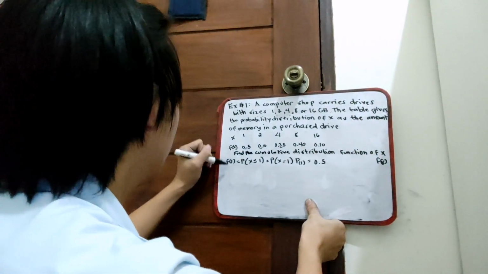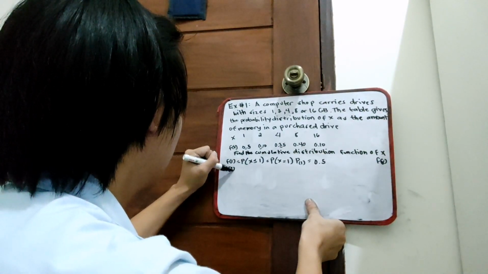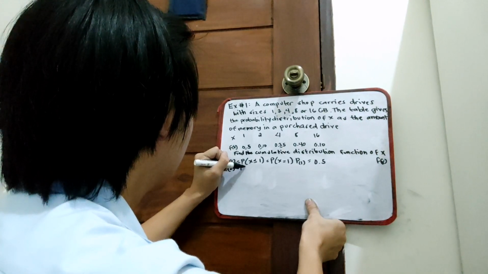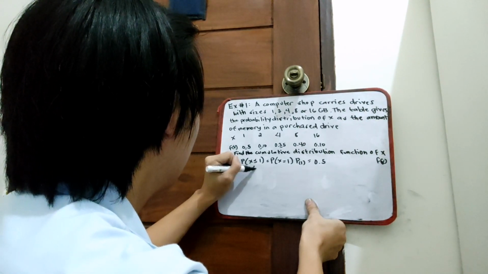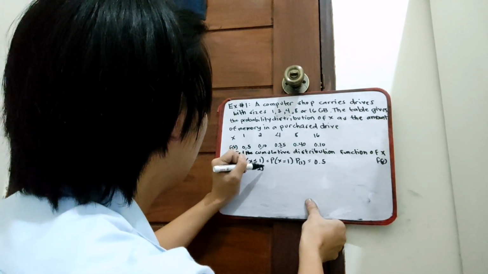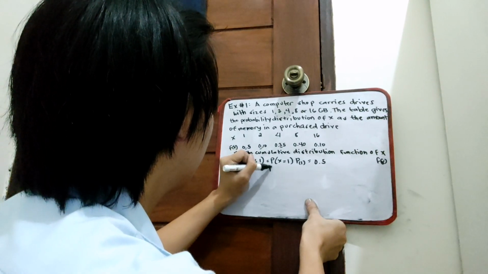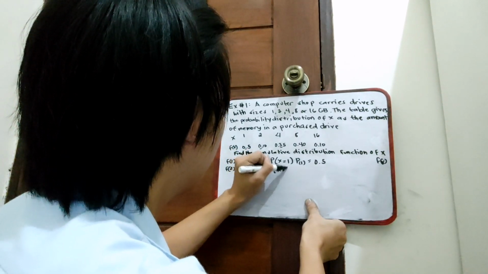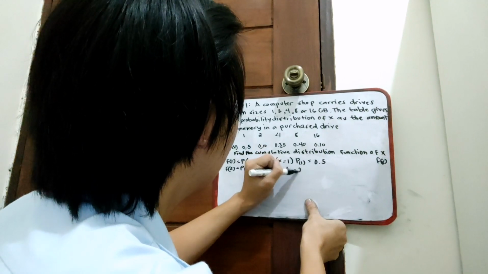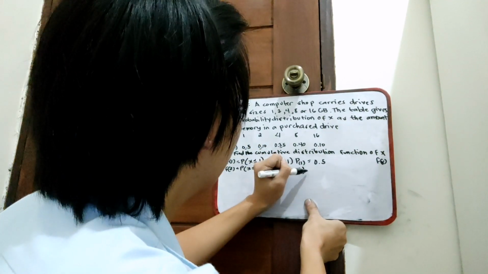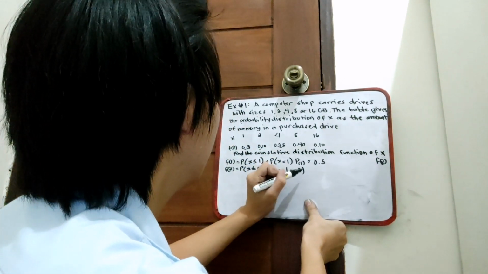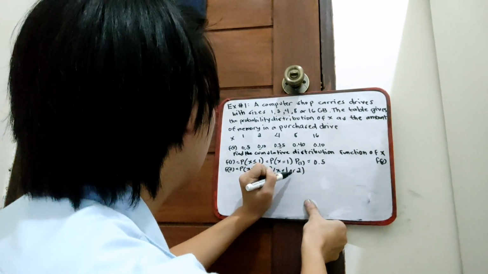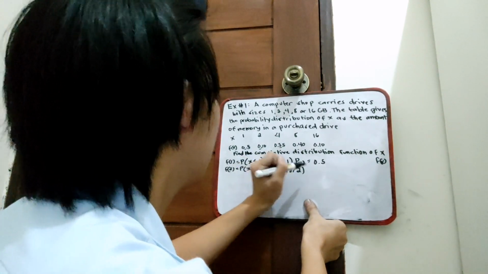For our f of 2, it is equal to P of X less than or equal to 2, which is equal to P of X equals 1 or 2. Since it is "or," we will use plus, and since there are two values here, we will also have two terms.